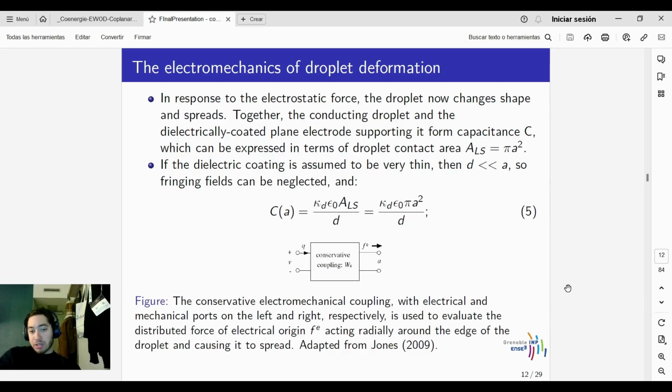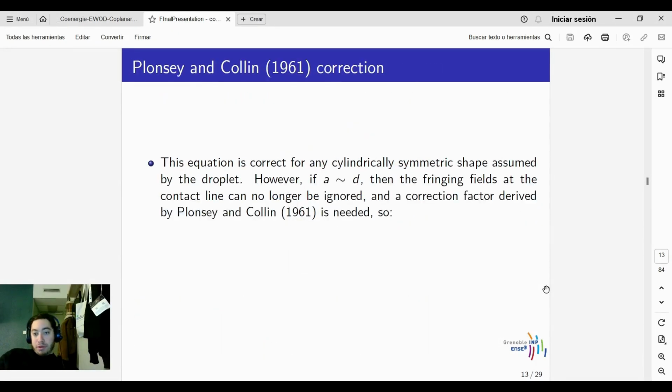It would lead us to the equation of a capacitance. However, this equation is only valid if the shape of the droplet at the moment of the deformation is considered to be circular.